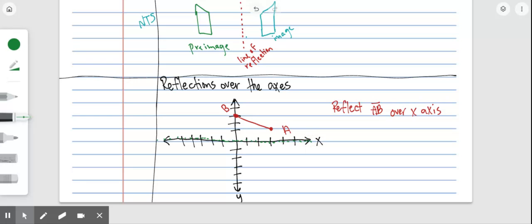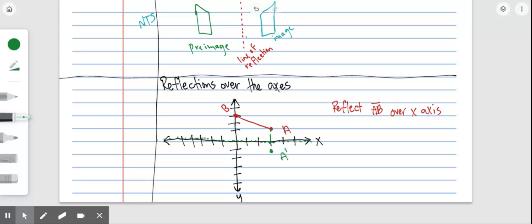When I reflect over that line, I need to make sure that the distance between the line of reflection and each of my points is congruent. The distance between the line of reflection and A is 1 unit, but I don't move it any other distance, like to the left or the right. I just move it up and down. So I'm going to move it down so that it's 1 unit away over here. This would be A prime.